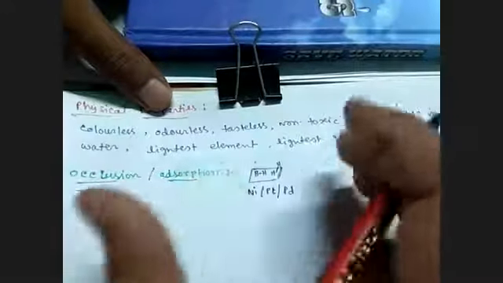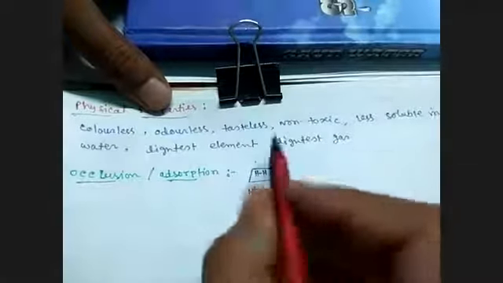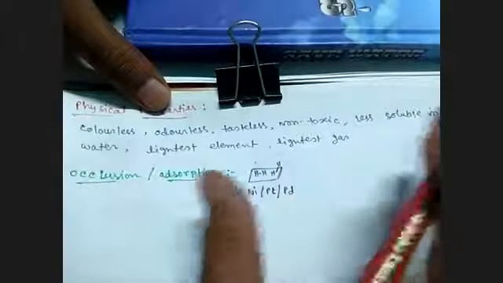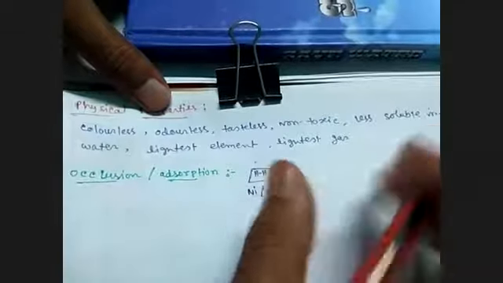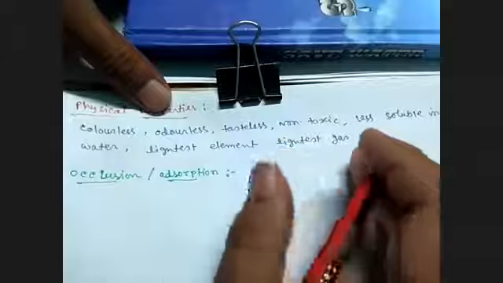This is called adsorption. Hydrogen is highly adsorbed by platinum, palladium, and nickel at room temperature. This phenomenon is called occlusion or adsorption.